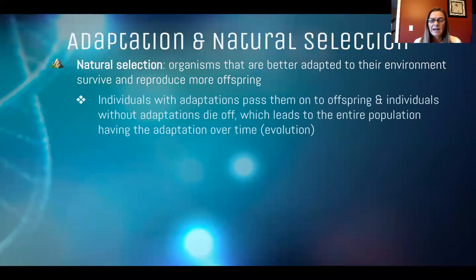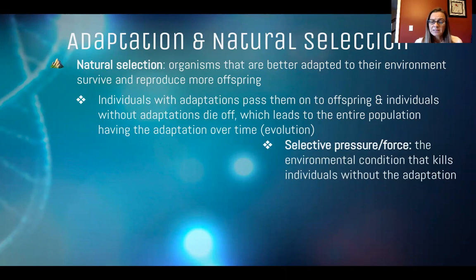That means they're going to pass those adaptations on to their offspring. The individuals that don't have that adaptation are not going to survive to adulthood, which means they're not going to have offspring and not going to pass that on. And that leads to the entire population having the adaptation over time. We call that evolution.